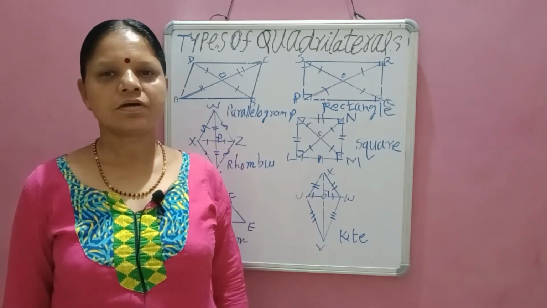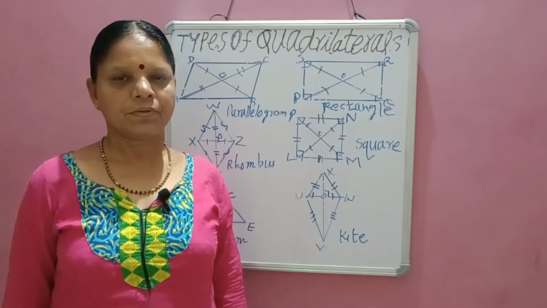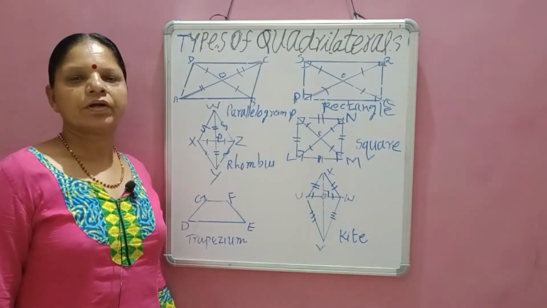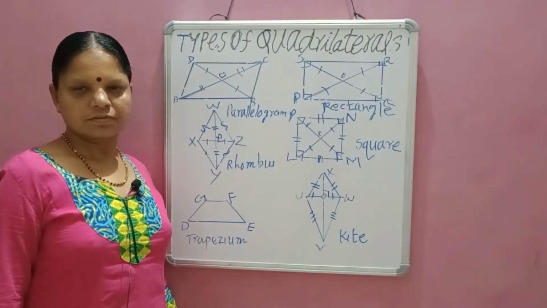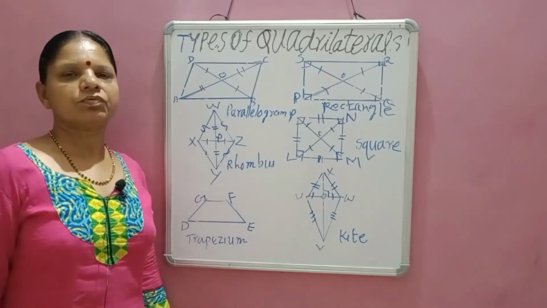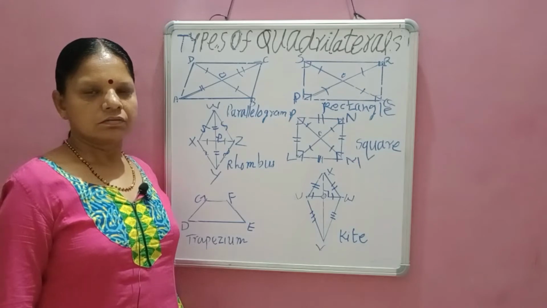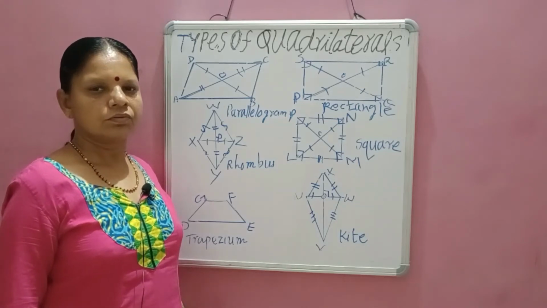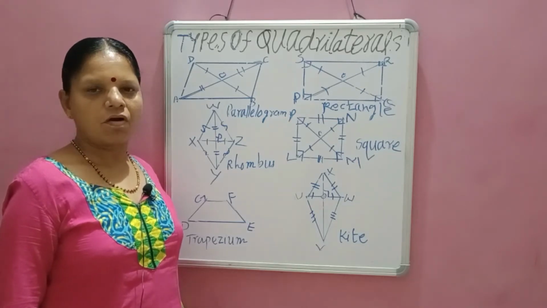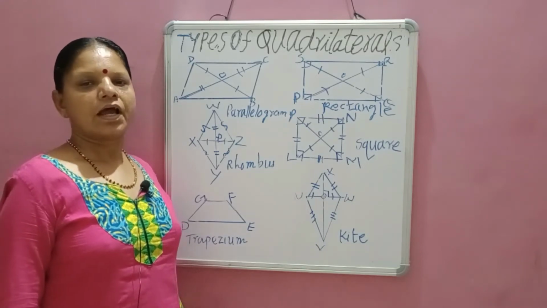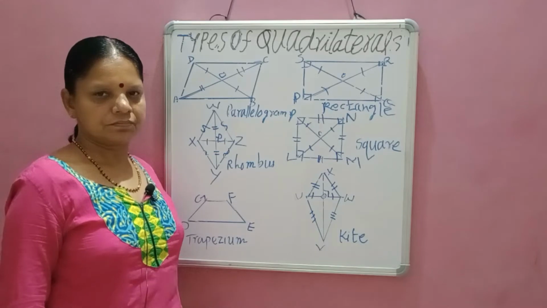Now let us start today's topic, that is types of quadrilaterals. Different types of quadrilaterals are according to the measurements of sides, angles and diagonals.